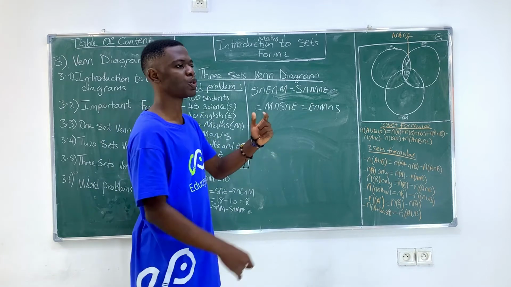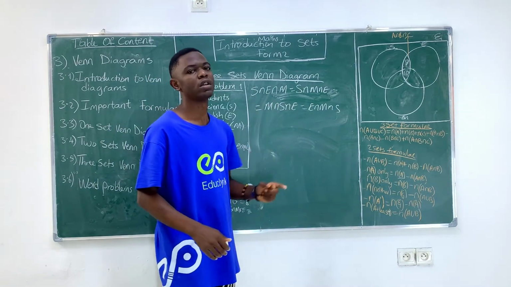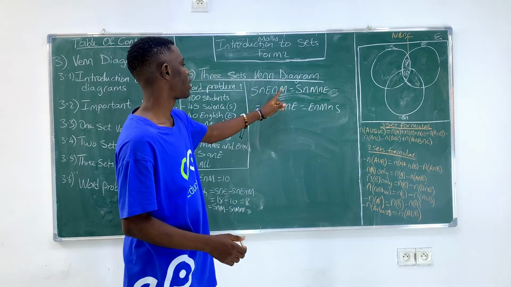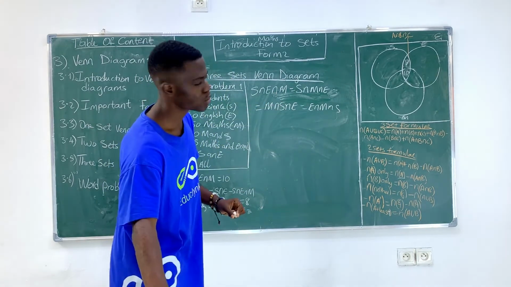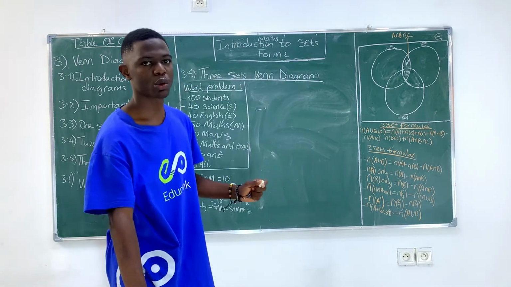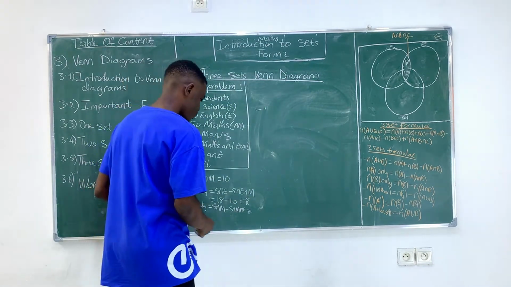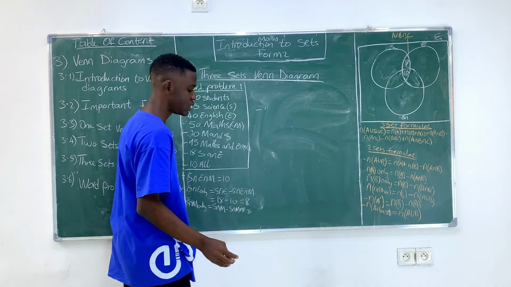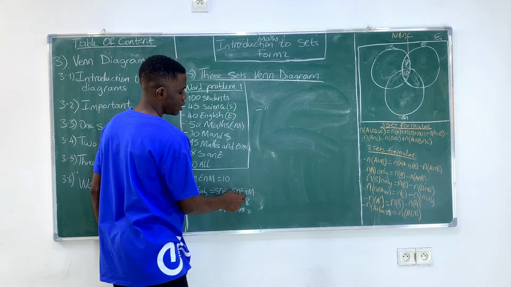This means that whatever position you put the S, the E or the M, it is always going to be the same. As far as the three sets are included, their intersection is always the same, just like multiplication is commutative. So don't be confused.